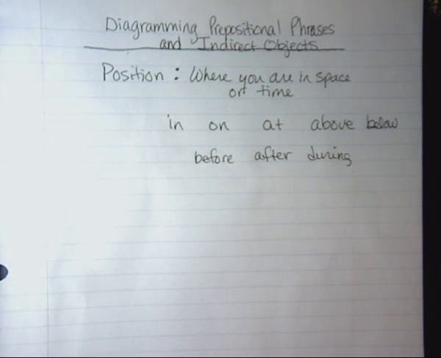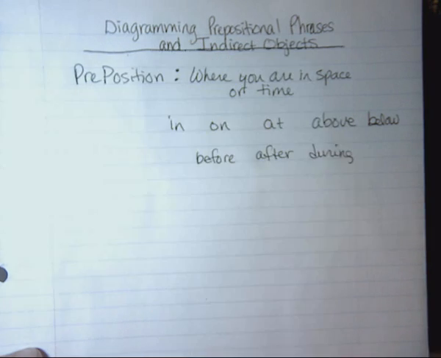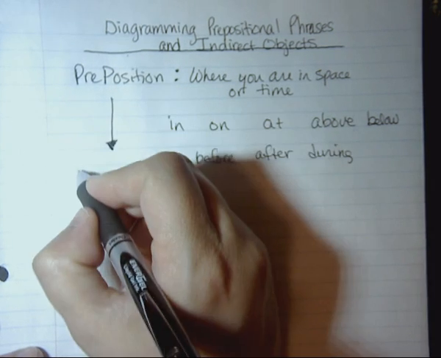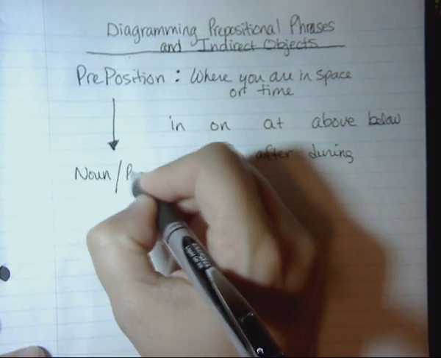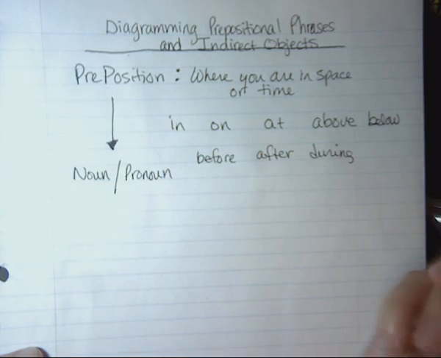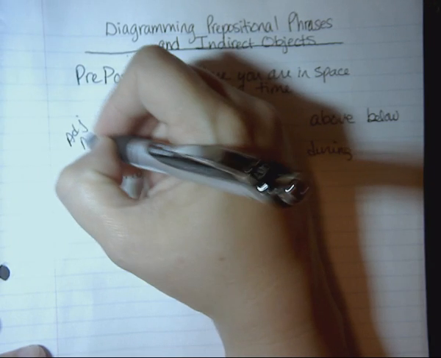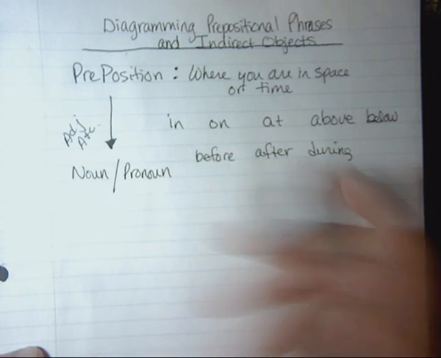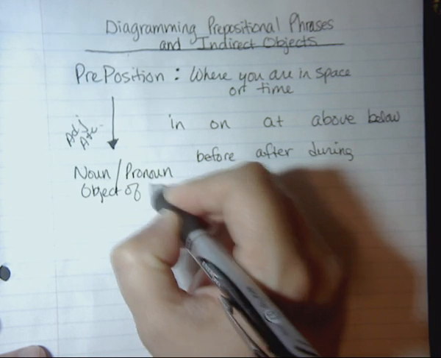Now, our brains are programmed as English speakers to recognize that whenever we have a preposition, it's going to be immediately followed by a noun or a pronoun, possibly with some adjectives or articles in between, that will complete the phrase, and we call that the object of the preposition.